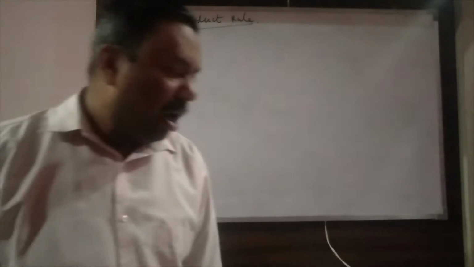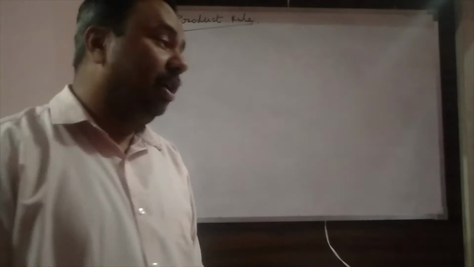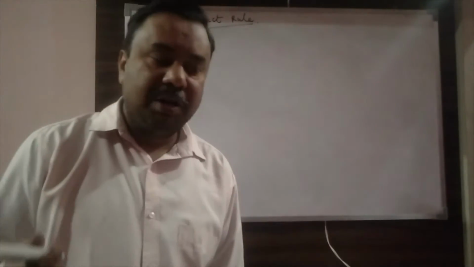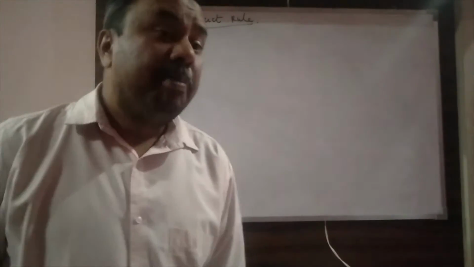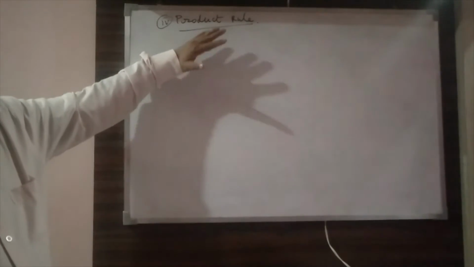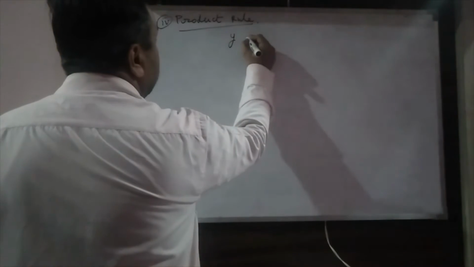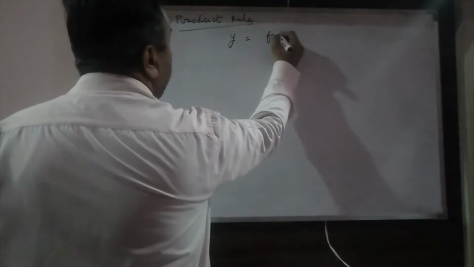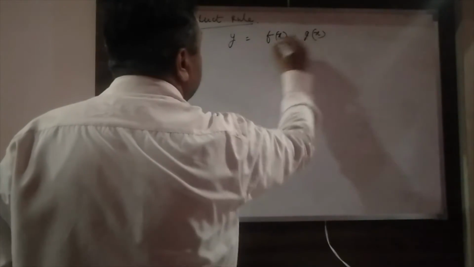so now I am going to explain some other kind of combination. I have explained how to find the differential of a sum of two functions and a difference of two functions. Now the product of two functions. This rule is called the product rule. So, product rule means y is equal to the product of two functions, f(x) multiplied by g(x).